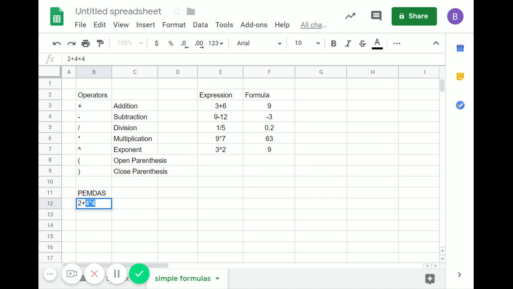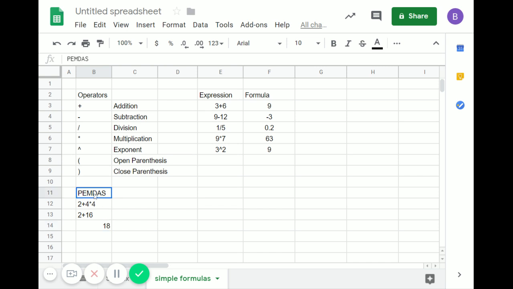So 2 plus 4 times 4 will become 2 plus, what's 4 times 4? Go ahead and think about it. That's right. It's 16. Now that we have that, we can reduce this further. 2 plus 16 is 18. That's the solution that we get from calculating this expression using PEMDAS.